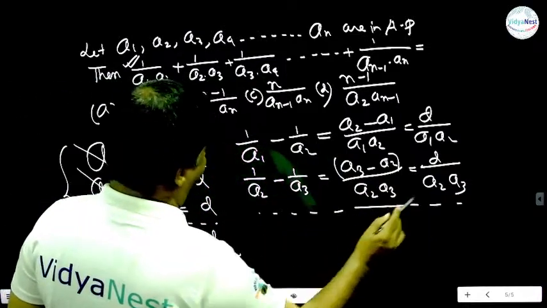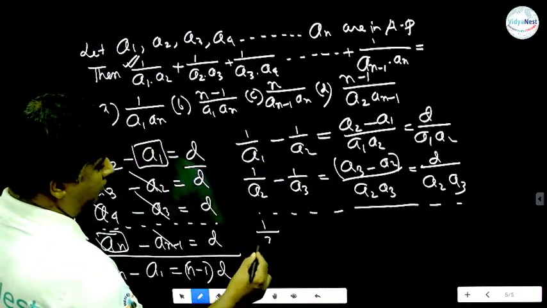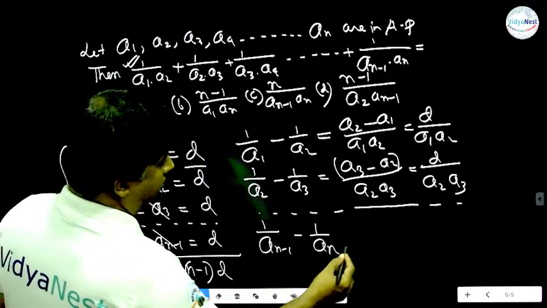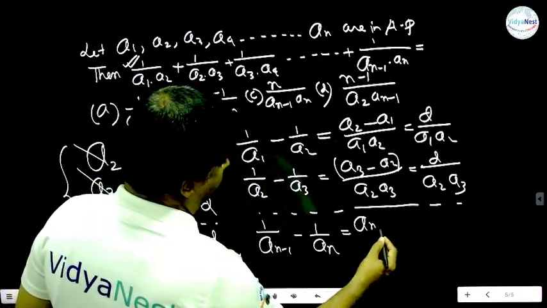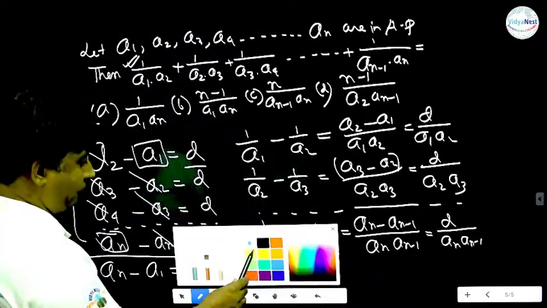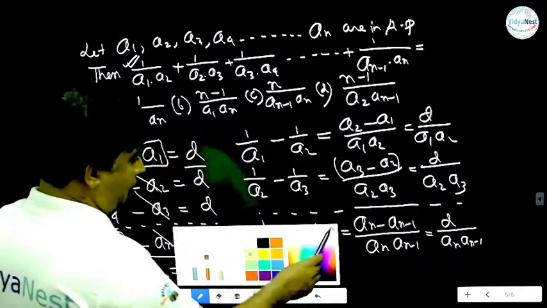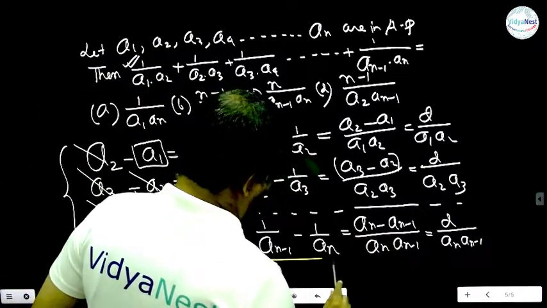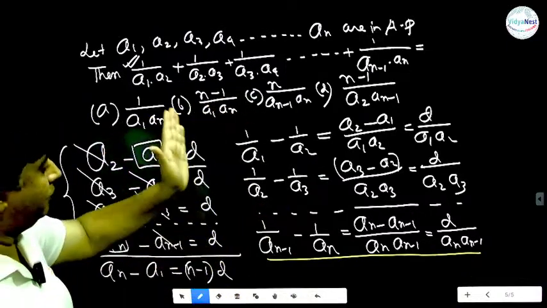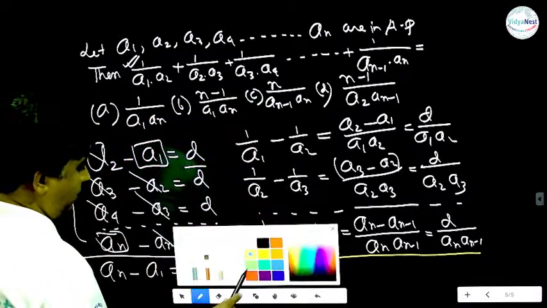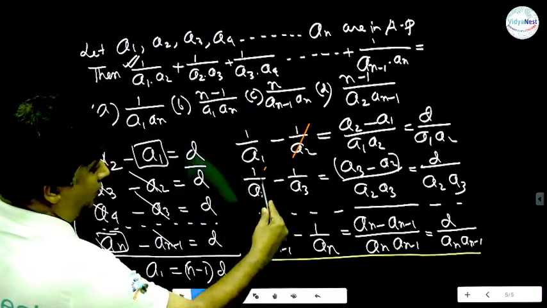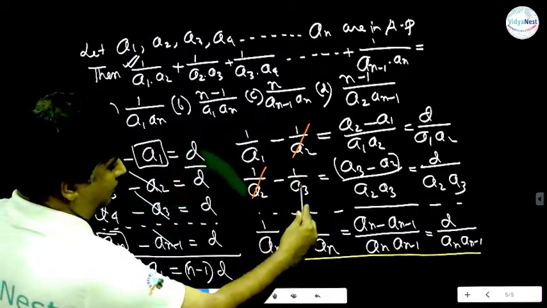In this way, now if I add horizontally, horizontal addition, you observe, rhythmically the terms will get cancelled.